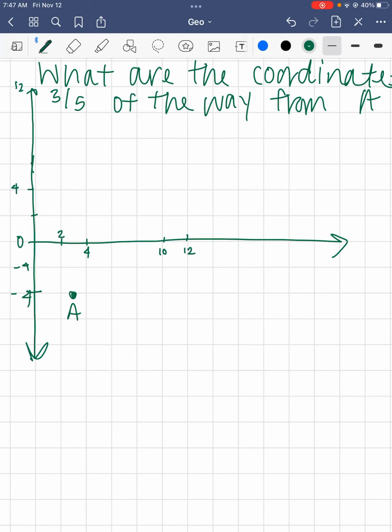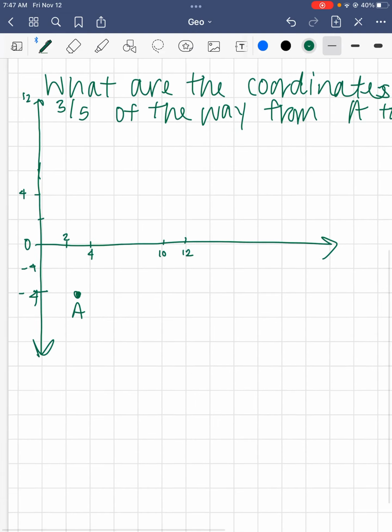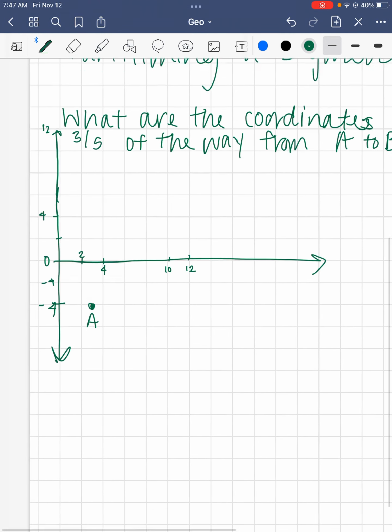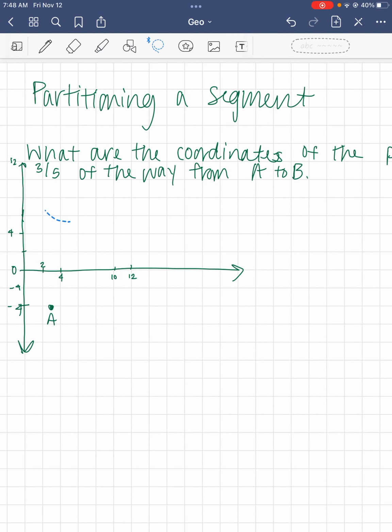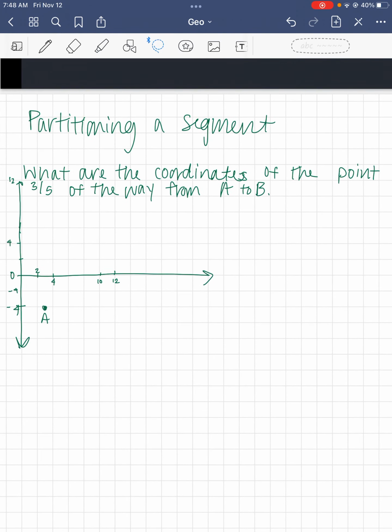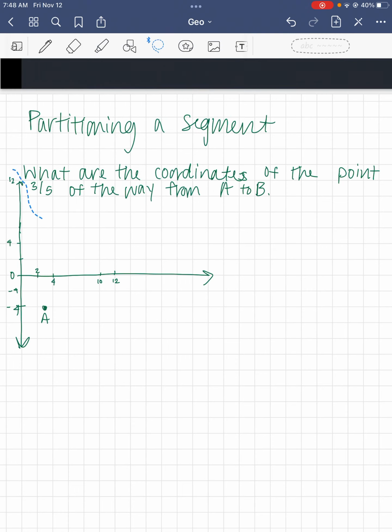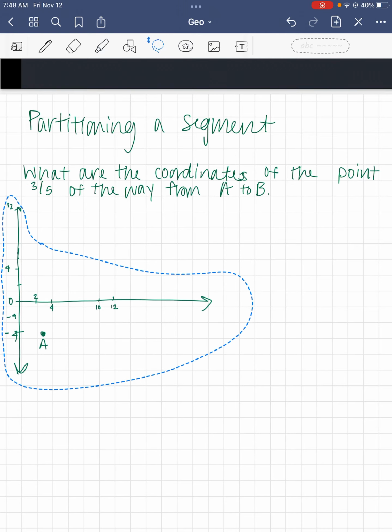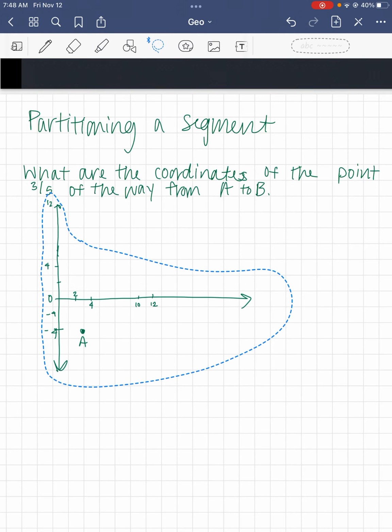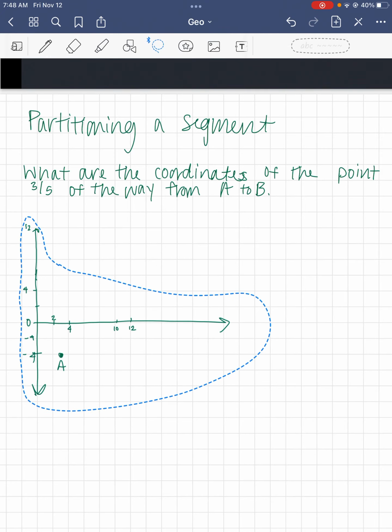This would be 12. Is that right? Let's move this graph around a little bit here. See if I can snag this whole thing. There we go. I'm just going to move it down and over. That looks good.